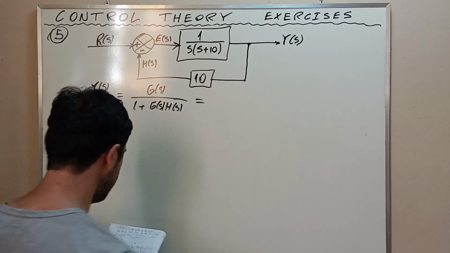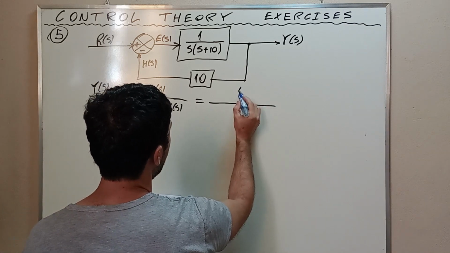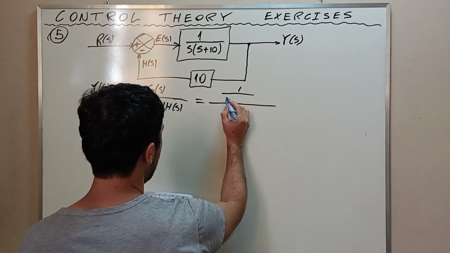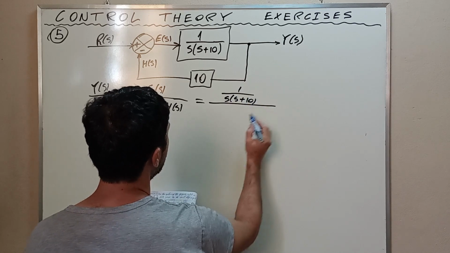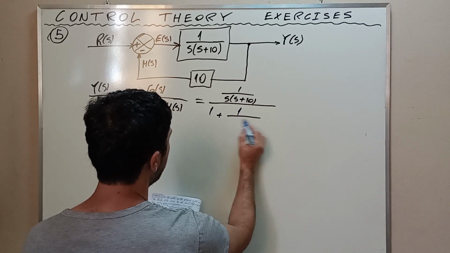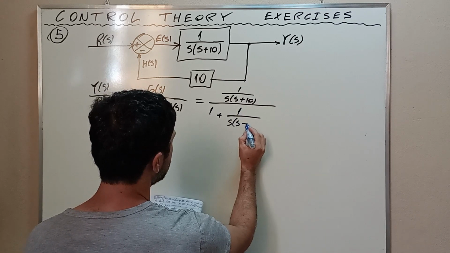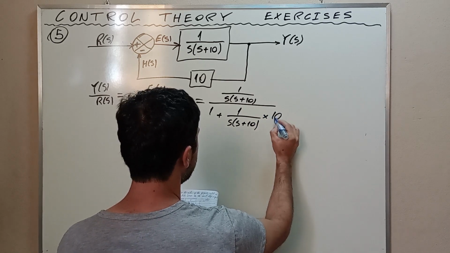Okay? And substituting, we find this: 1 over (s plus 10) divided by 1 plus 1 over (s plus 10) times 10.